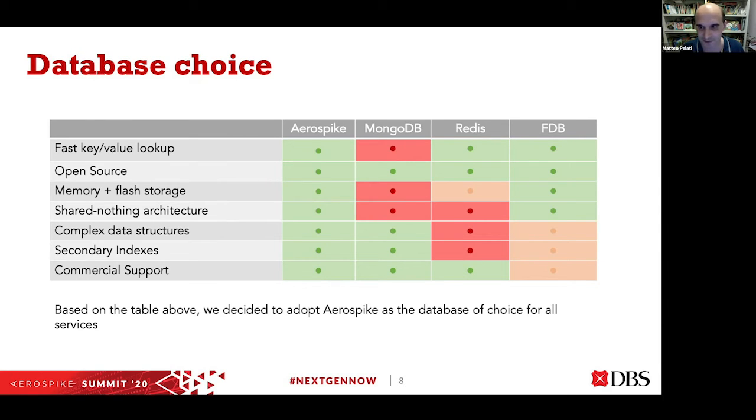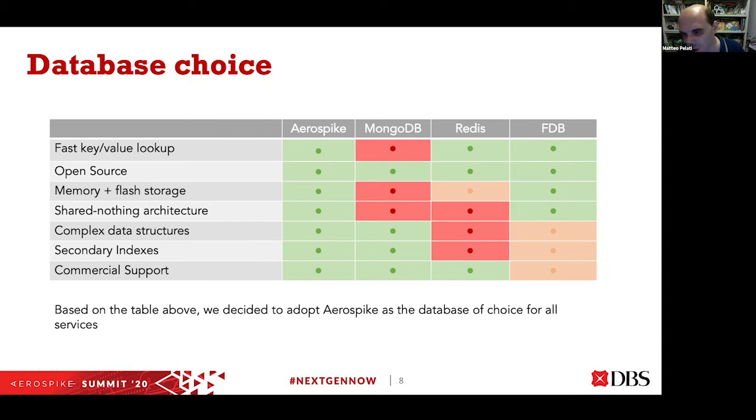So the ideal solution for us was something hybrid between memory and flash storage. The other thing we were looking for was a shared-nothing architecture, because it's much more maintainable and much easier to scale, rather than a solution where you have different roles for different nodes like master, slaves, etc.